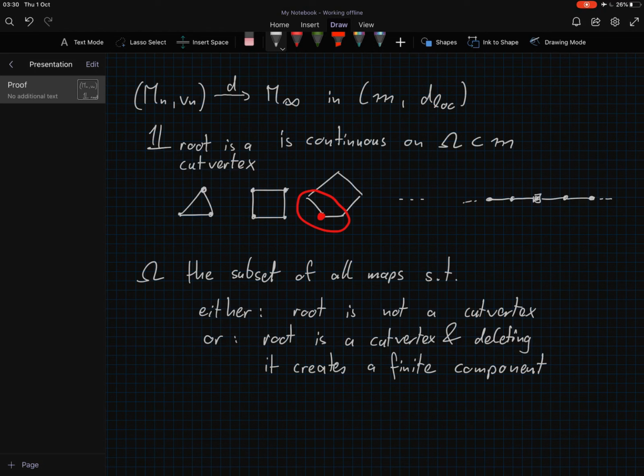But both being a leaf or being contained in some fixed cycle of a given length are local properties. So this is already something we can then see in elements of this sequence approaching the limit. Or if the root is a cut vertex and deleting it creates a finite component, then this finite component must already be present in almost all elements of the sequence.